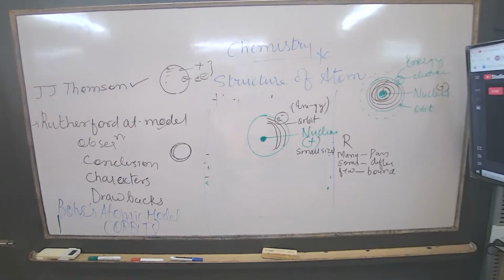Only certain special orbit. Did you find it? Only certain, yes, underline that part. Only certain special orbits known as discrete orbits of electrons are allowed inside the atom.